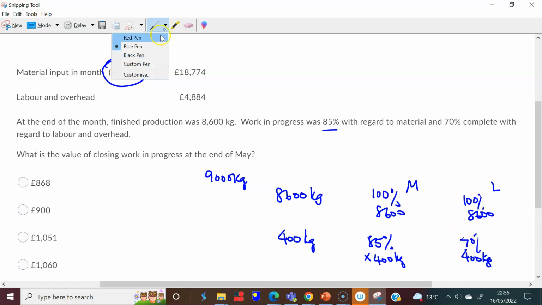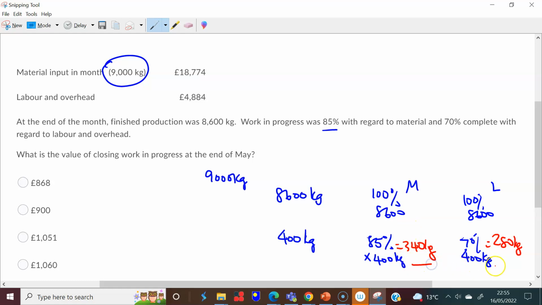So just changing my pen color, therefore, what this means is that this is, if you like, the equivalent of 280 kilograms complete in terms of labor, and this is, let's just do this, 0.85 times 400, and this is 340 kilograms complete in terms of material.